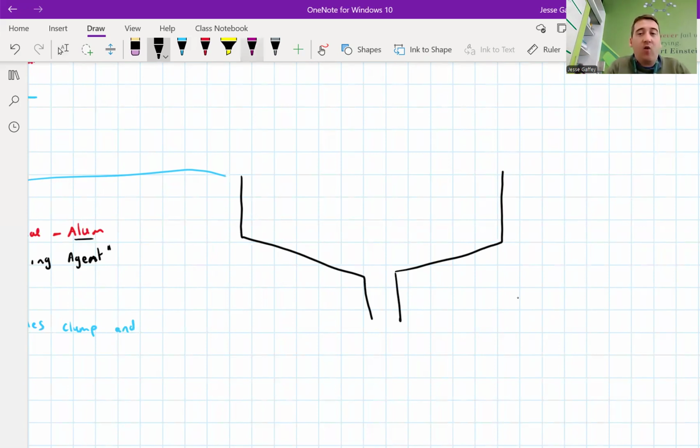It works kind of like a filter, like what we've seen in chemistry before, right? But this filter isn't made of paper. Instead, it's made of a number of layers of material. The bottom layer, this layer here, is sand.